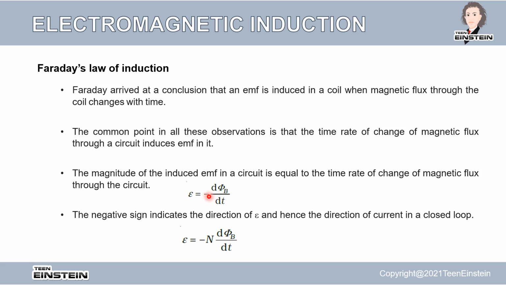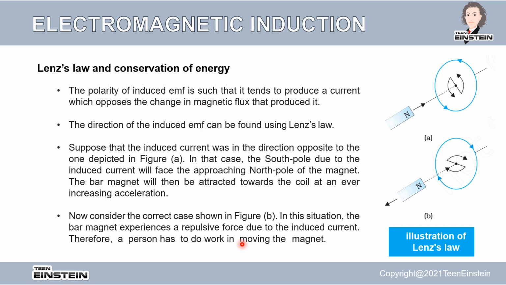So right now I just want to mention that it indicates the sign of the EMF, and this negative sign indicates what will be the direction of the current in a closed loop also. Okay, so if you have a coil with many loops, where N is the number of loops, the equation is this: EMF equals minus N into d phi B by dt.